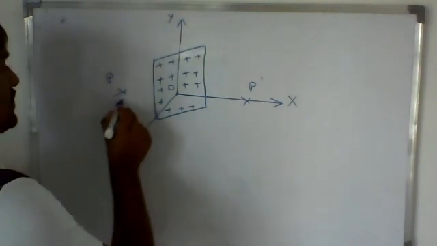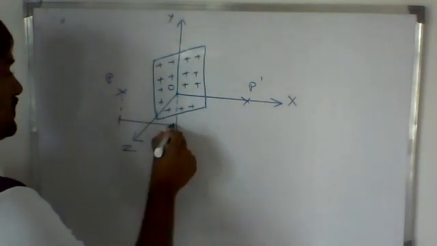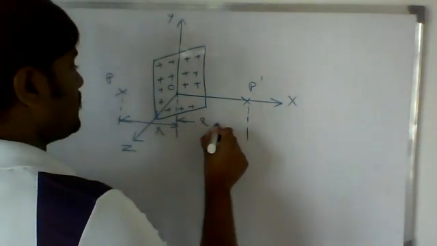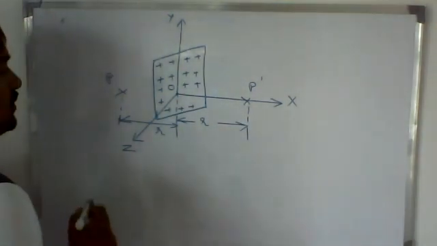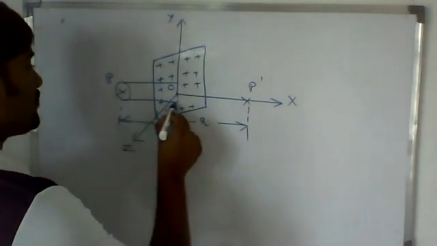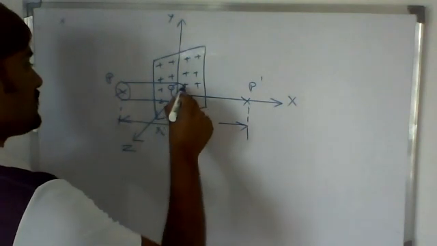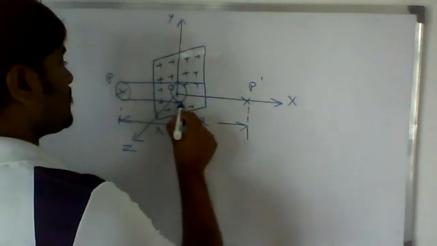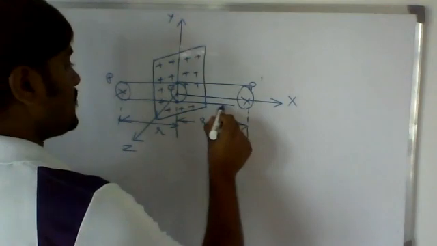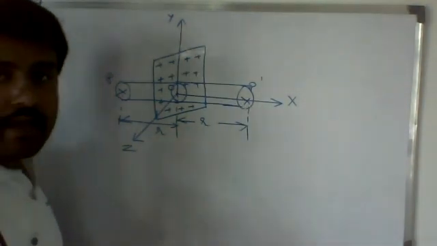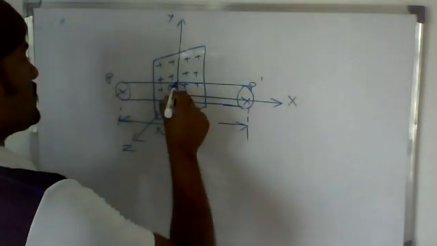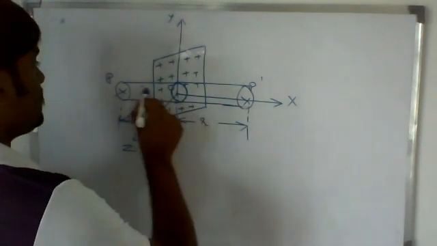The distance from P to O is R, and the distance from O to P dash is also R. After that, we can choose an imaginary Gaussian cylinder, taking P and P dash as the axis of the imaginary Gaussian cylinder.